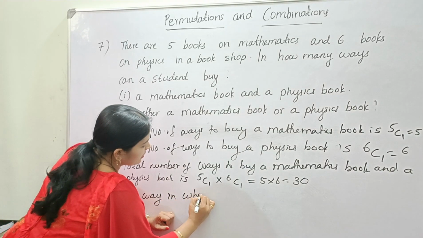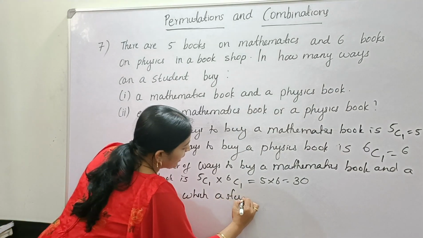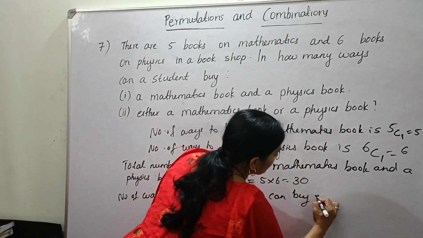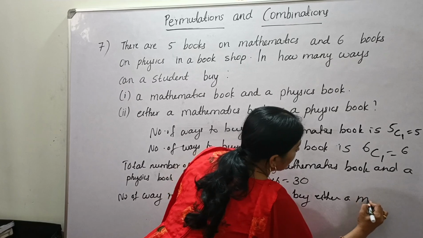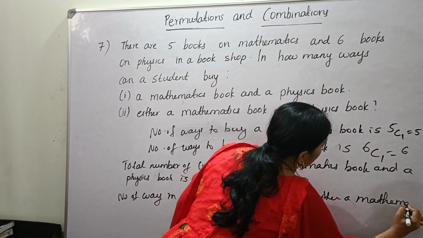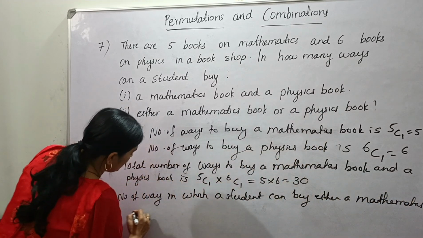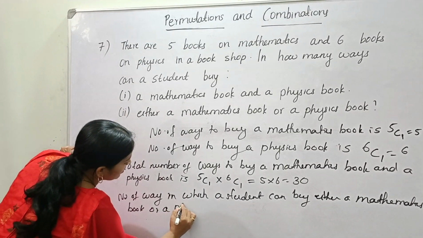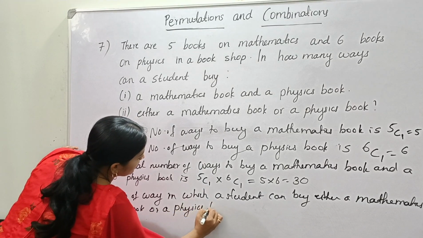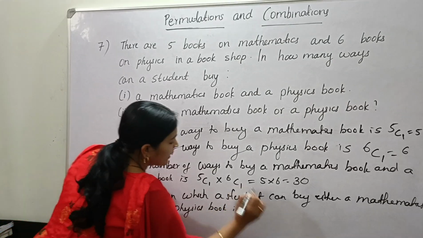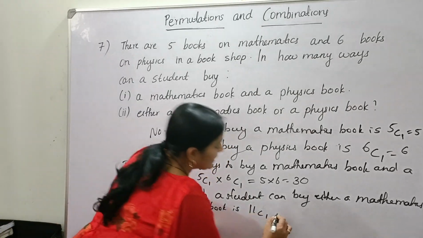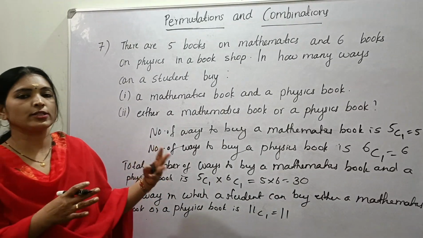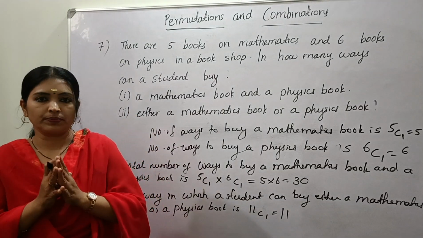That is, the number of ways in which a student can buy either a mathematics book or a physics book is 11C1, that is equal to 11. Why? Because a student has to buy only one book, right?